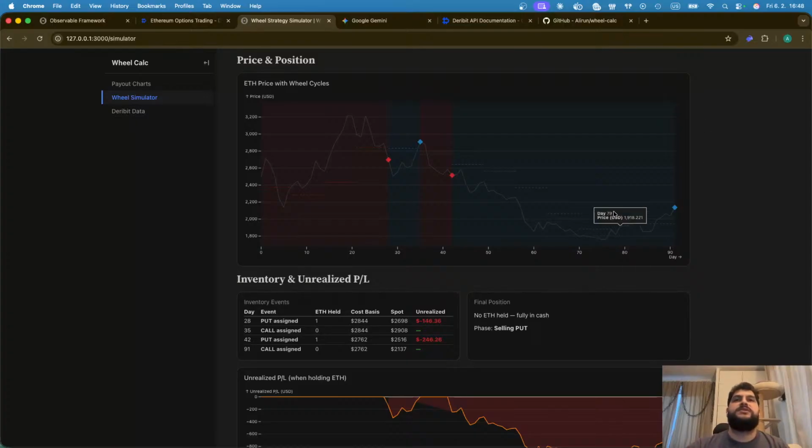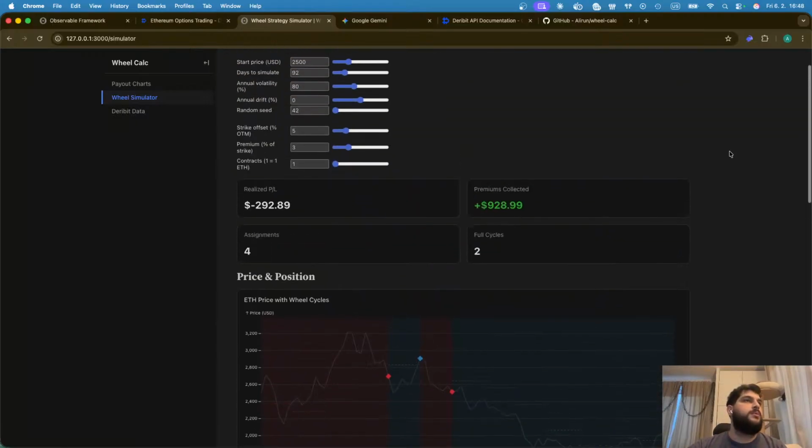Here, for example, we selected not that high a strike price. Strike offset 5%. So let's see what could have happened on day 92 if we had much higher strike prices.